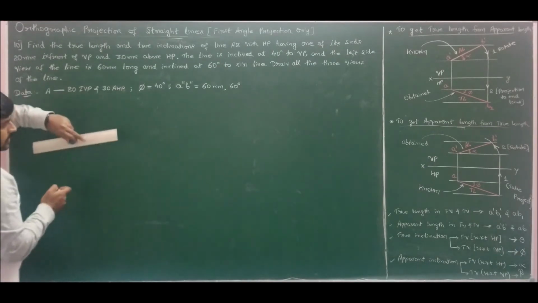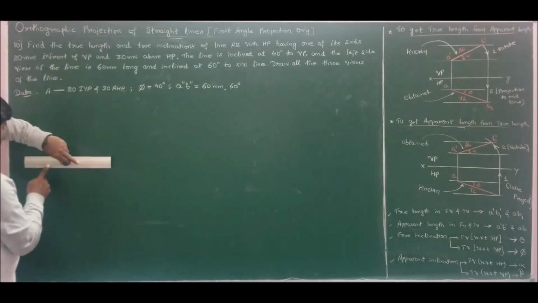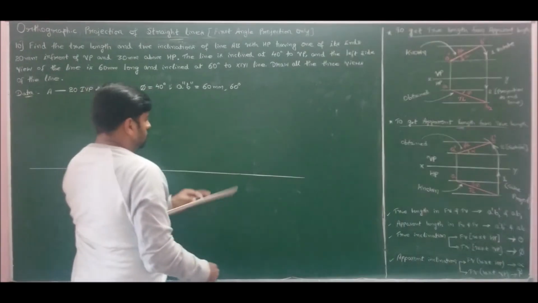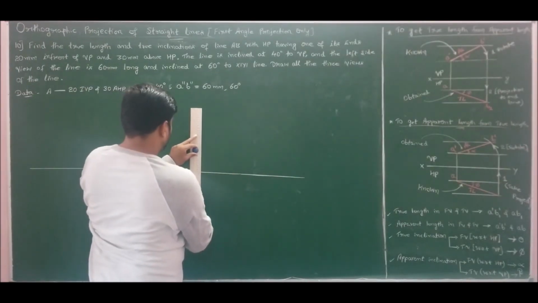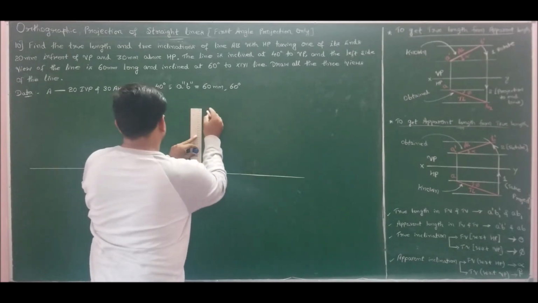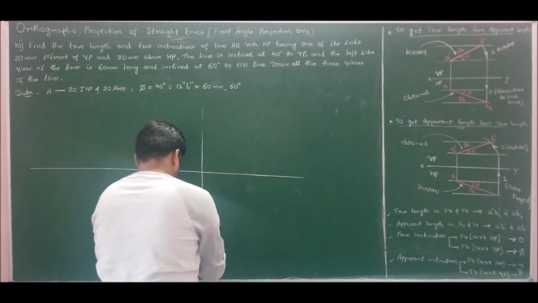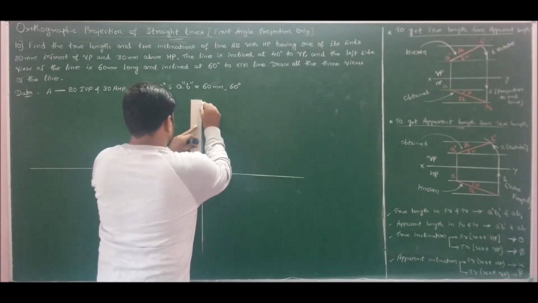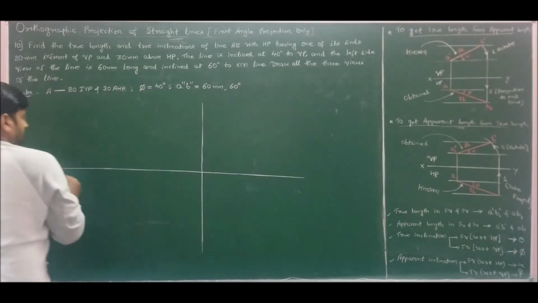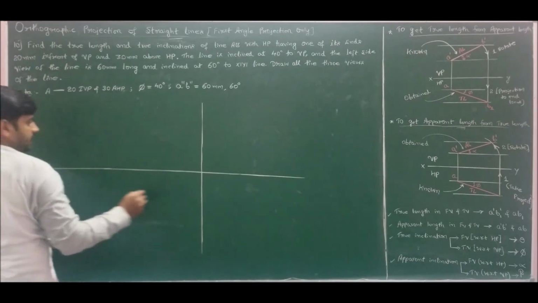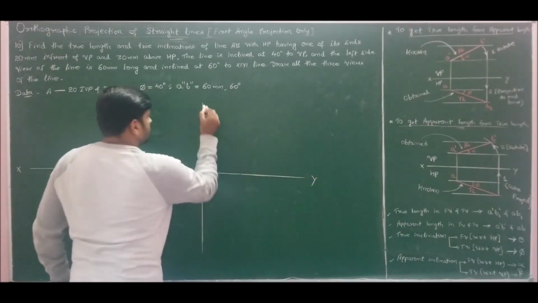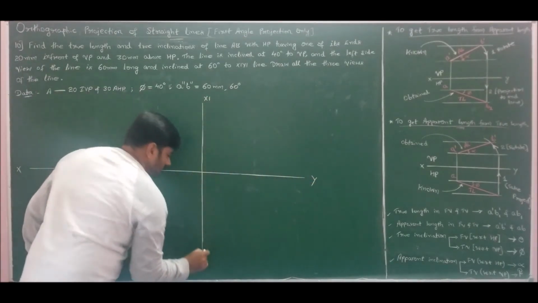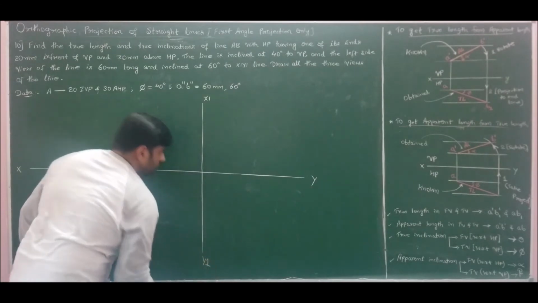First, let me draw the reference line, and also let us have the right profile plane to draw the left side view which he has given for us. So I have drawn xy and x1y1.